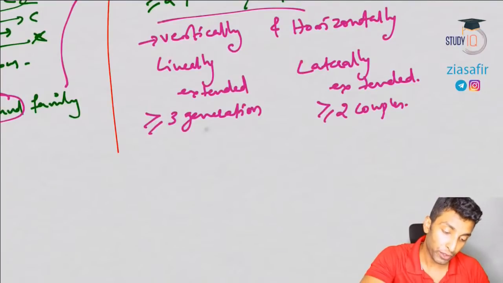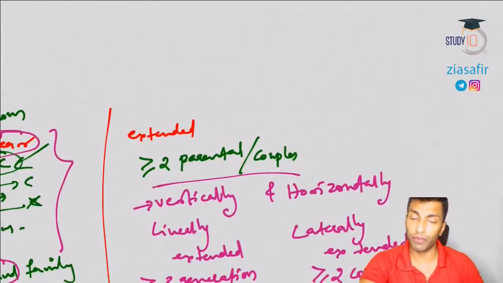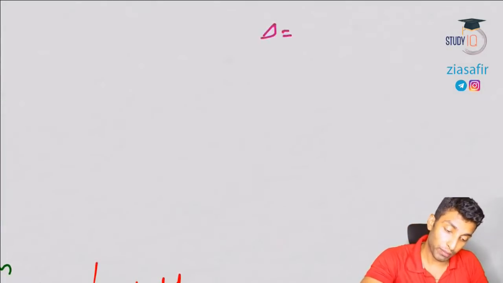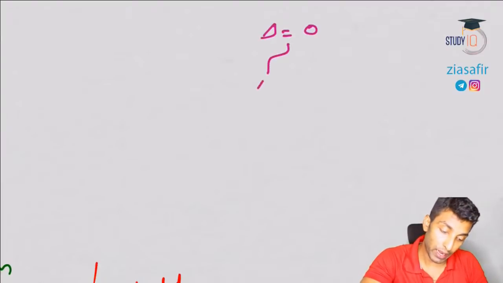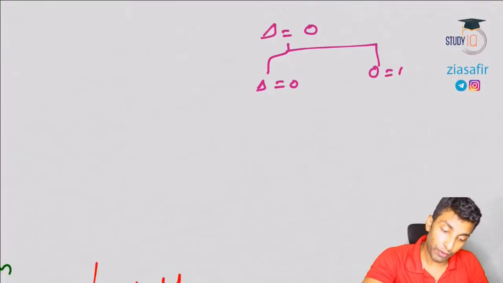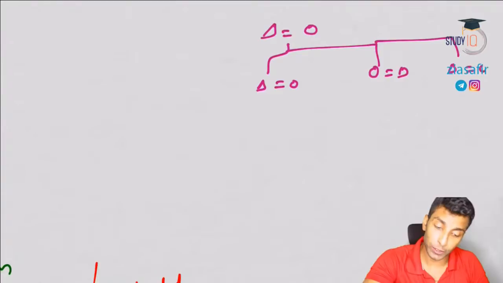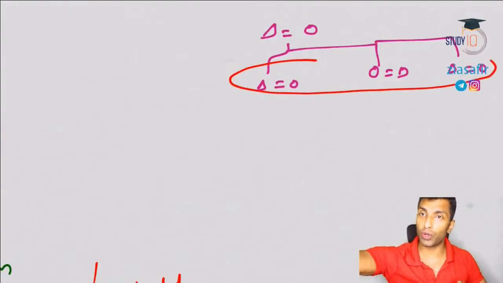For example, consider these parents, husband and wife. They got a male child, and he got married. Now this couple has one more daughter, she also got married, and one more son, he also got married. So you can see horizontal addition, right?